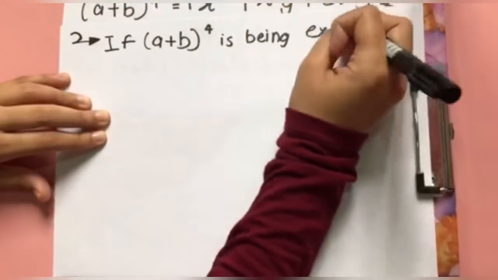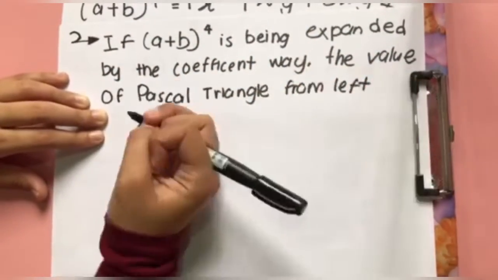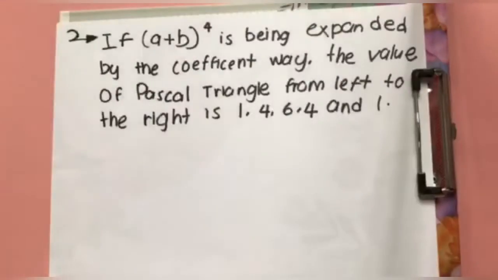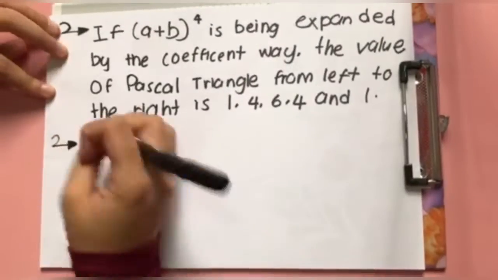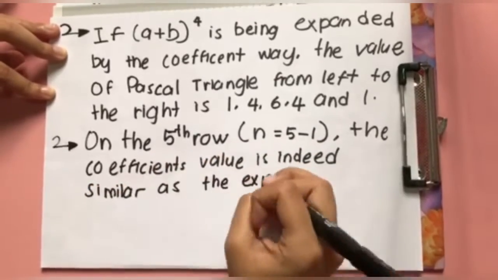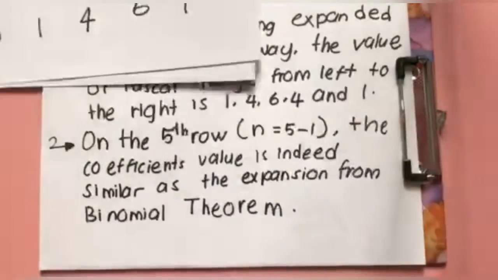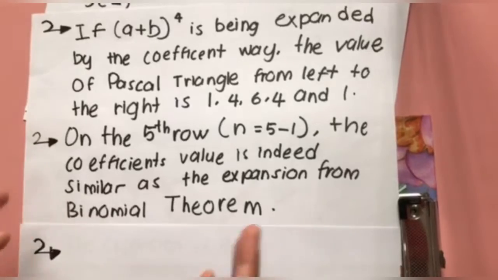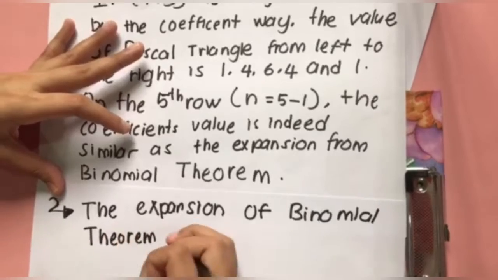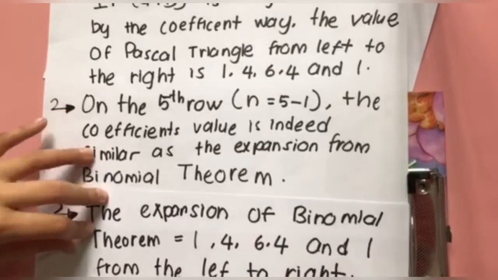So, we can see that if a plus b to the power of 4 is expanded by the coefficient way, the values of Pascal's triangle from left to right are 1, 4, 6, 4, and 1. Then, on the fifth row, which is n equal to 5 minus 1, the coefficient values are indeed similar to the expansion from the binomial theorem. So, we can clearly see the expansion of the binomial theorem, which is 1, 4, 6, 4, and 1 from left to right.